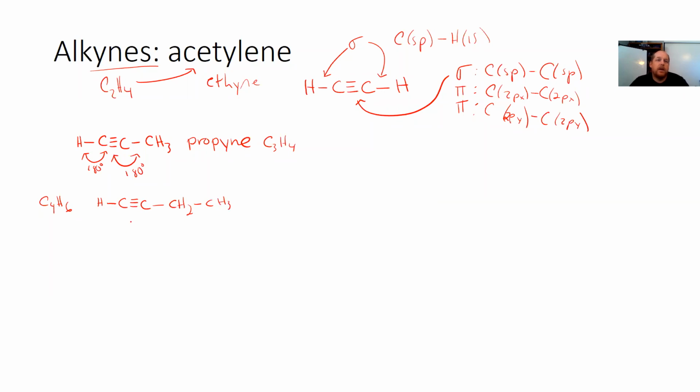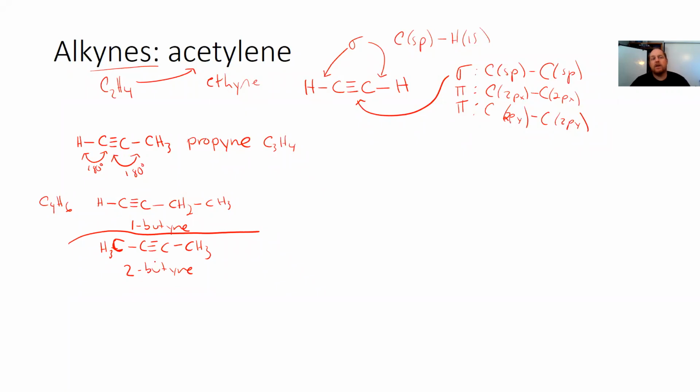Okay, so that would be 1-butyne. Or you could have it in between the second and the third. H3C bonded to a C, triple bond, C bonded to CH3. And so that one would be 2-butyne.